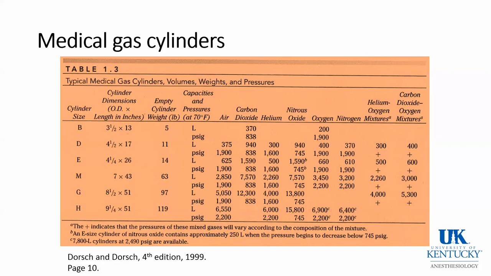and the usual cylinder on the back of the anesthesia machine is an E cylinder, this one here. And as you can clearly see, it has a volume of 660 liters for oxygen and 1,590 liters for nitrous oxide.